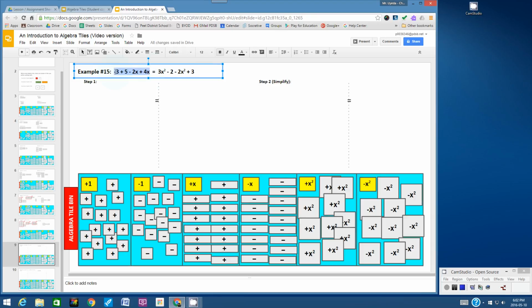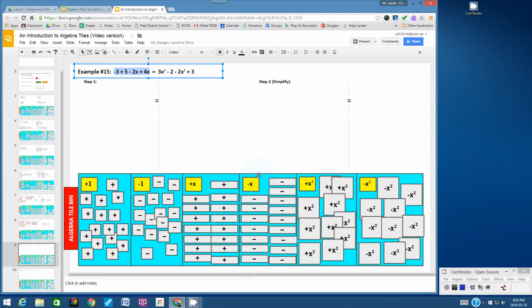I'm going to look for any x squareds, but I can't see any x squareds. So then the next thing to look for are x's. So let's look here. So I've got a negative 2x and a positive 4x. So let's bring those over. So negative 2x is going to look like this. Okay.